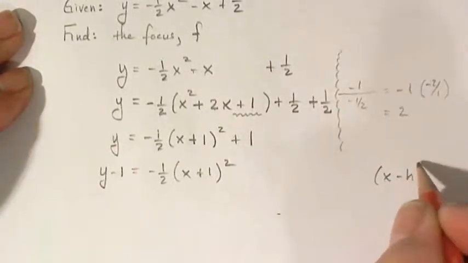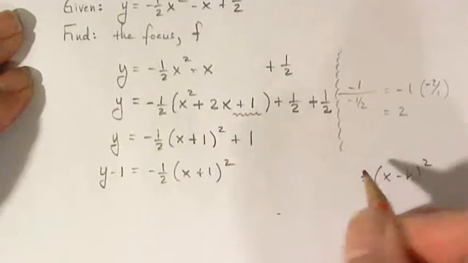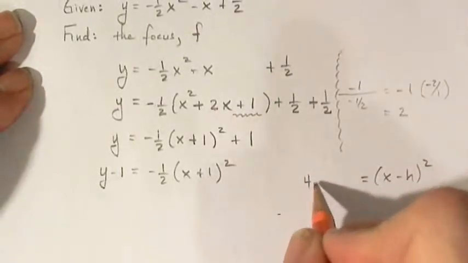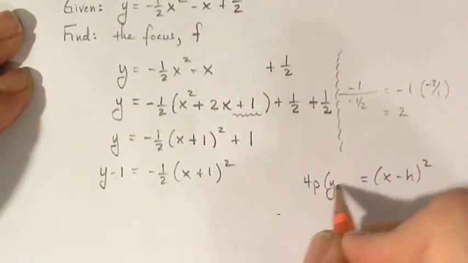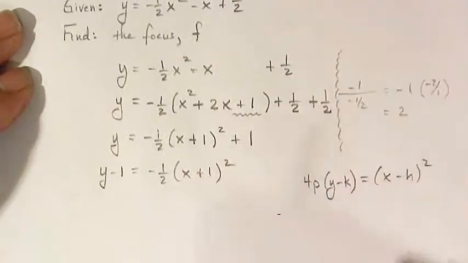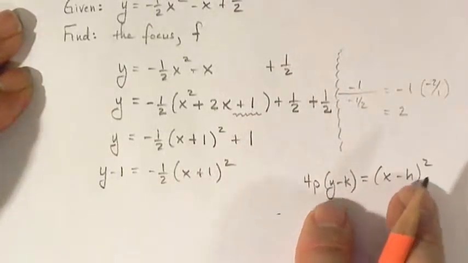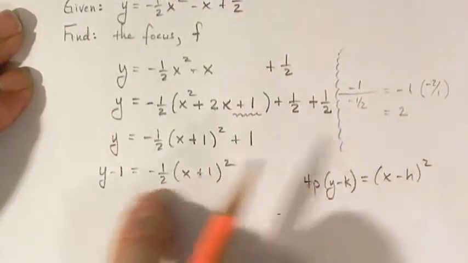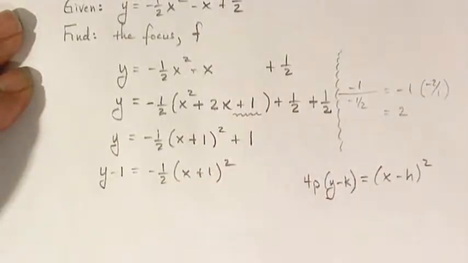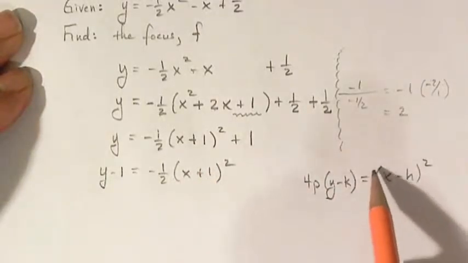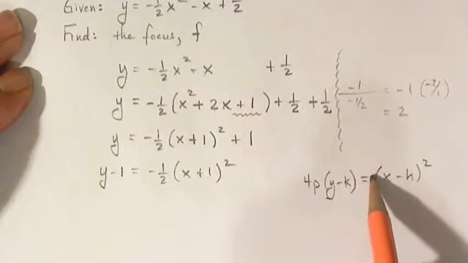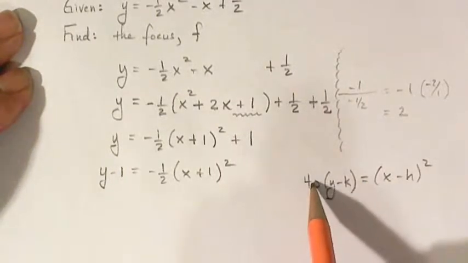x minus h squared equals 4p times y minus k. Now, I just took the standard equation and reversed it so that we have things on the same side and we can compare. This is telling me I don't need a coefficient here, but I need something on the other side.